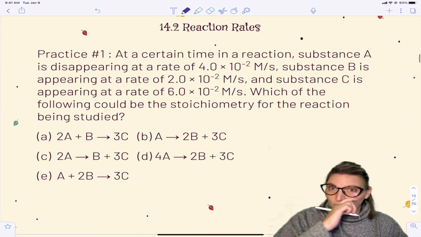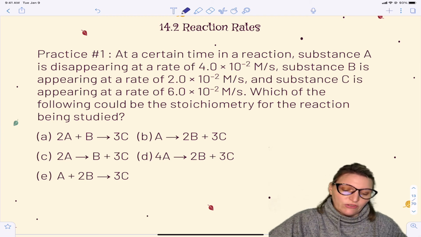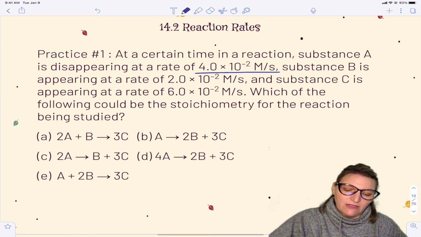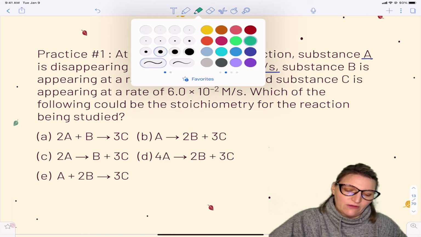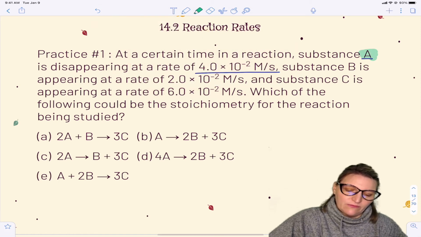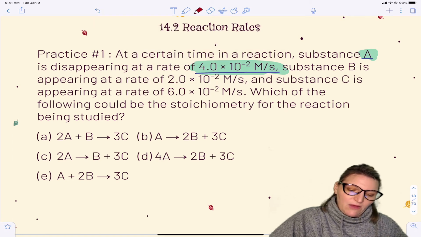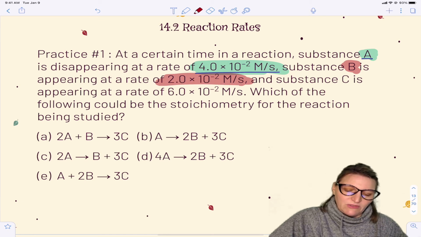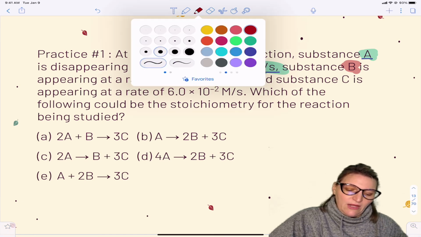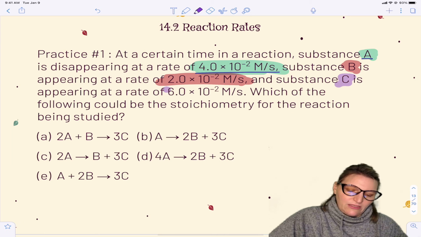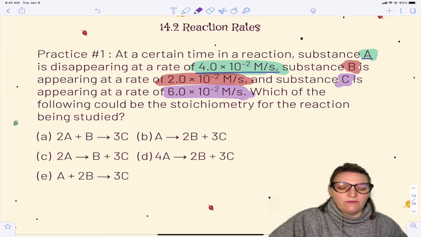Here's a multiple choice question, very similar. At a certain time in a reaction, substance A is disappearing at a rate of 4 times 10 to the negative 2 molarity per second. So this is A. Actually, I will highlight it. Substance B is appearing at a rate of 2.0 times 10 to the negative 2 molarity per second, and substance C is 6.0 times 10 to the negative 2 molarity per second.